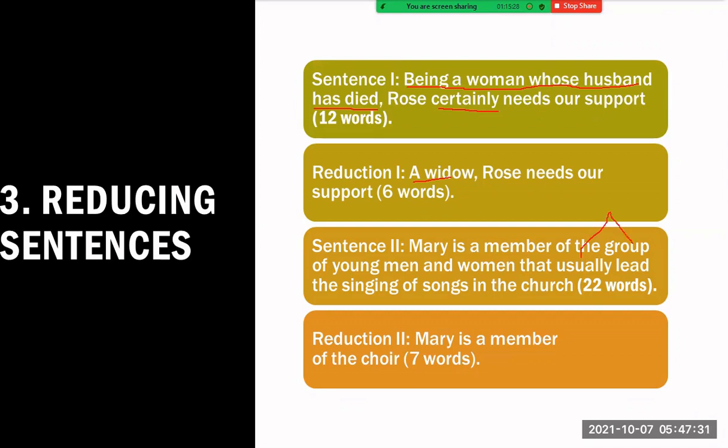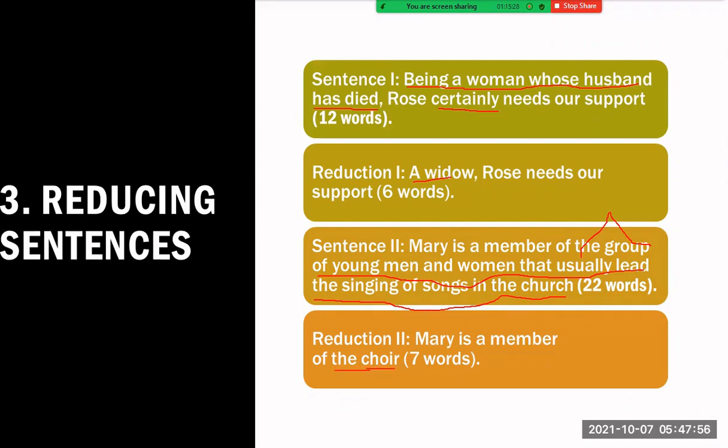But we are looking at the group of young men and women that usually lead the singing of songs in the church. All right. And we have a word that replaces this group of people, and that is simply the choir.